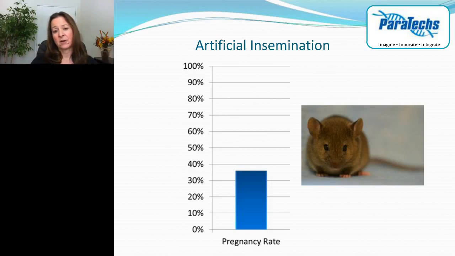So we do have methods in place in our lab to work with less than cooperative mice. The only thing that we do is wear heavier gloves, and that seems to avoid any problems. But the CD1 mice are very calm and easy to use, and we've never had any problems with that.